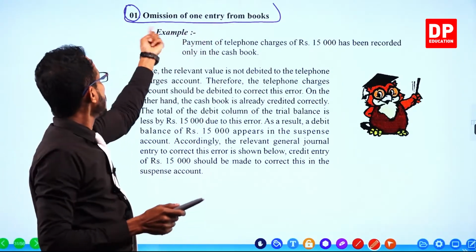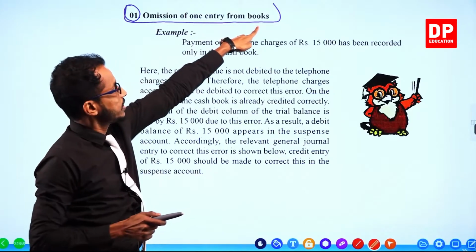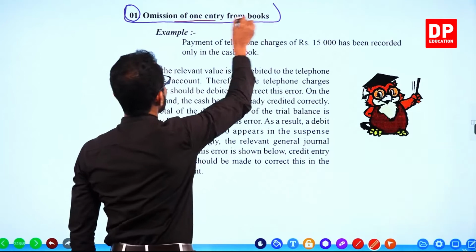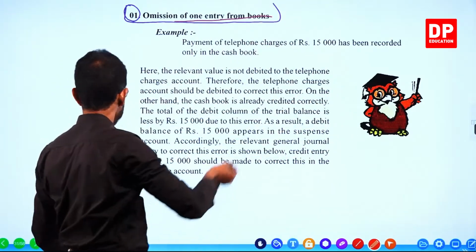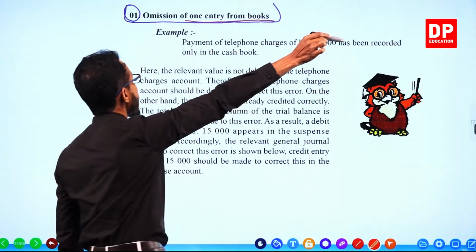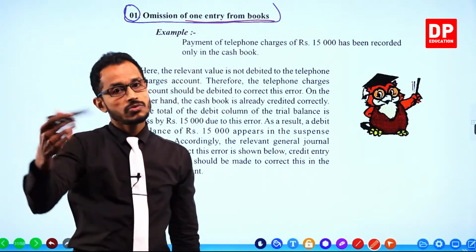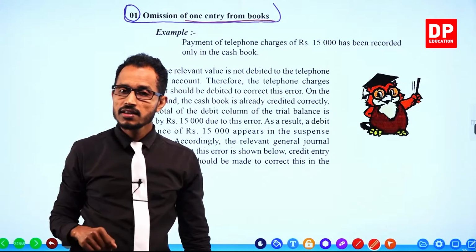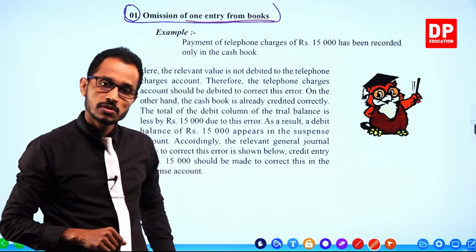This is an omission of one entry. So the debit entry is recorded and the credit entry is not recorded. Will that create a difference in the trial balance?